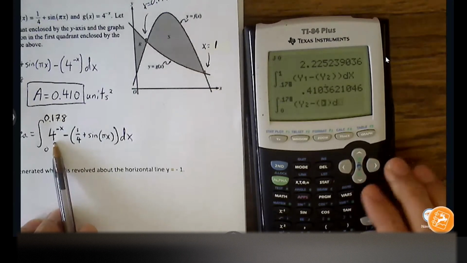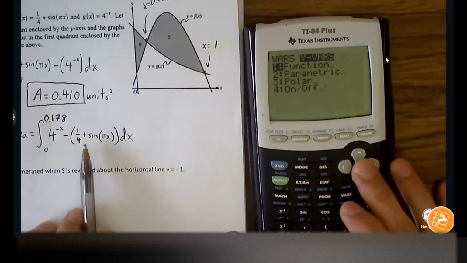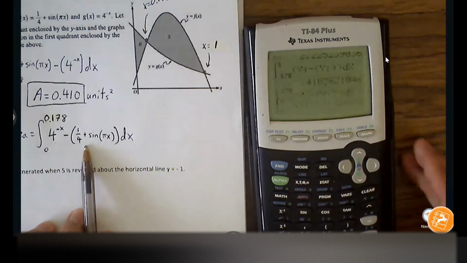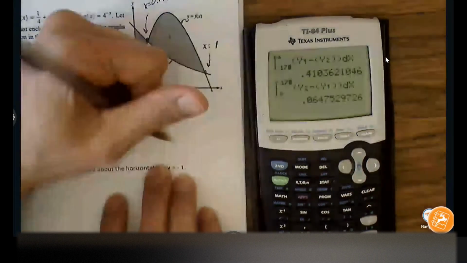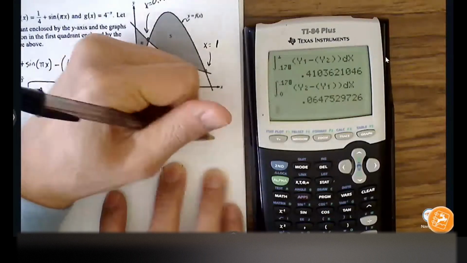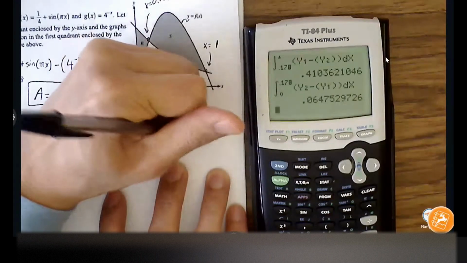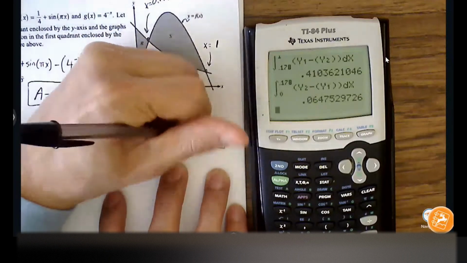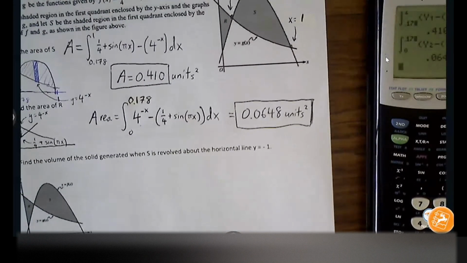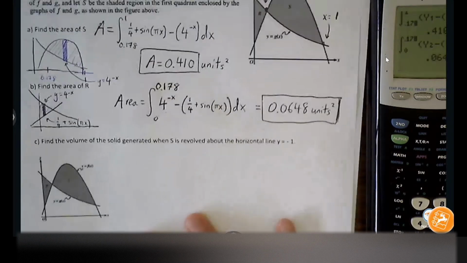And then parentheses y1, which is my 1/4 plus sine pi x. All right, did you guys get that? I got the same answer again. Okay. All right, rest of you guys okay?